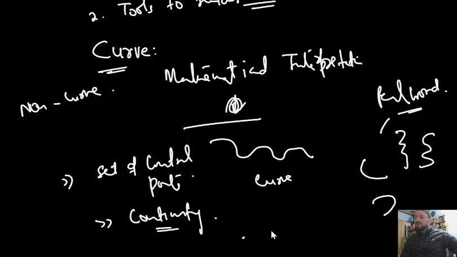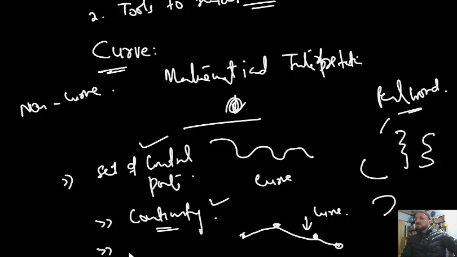Say for example we have these four points, and I join them, taking the pen and joining them in a continuous manner, not lifting my pen. Then this is a curve. When we have a set of control points and there are no gaps and there is continuity, it is a curve.